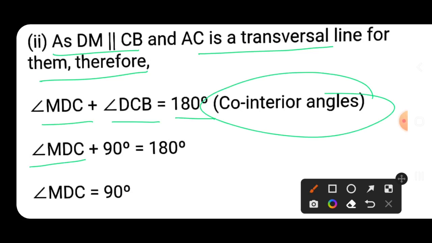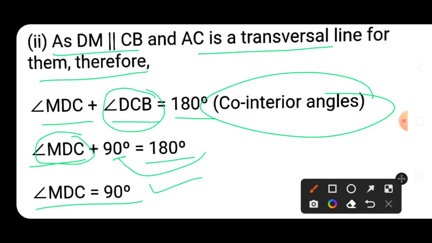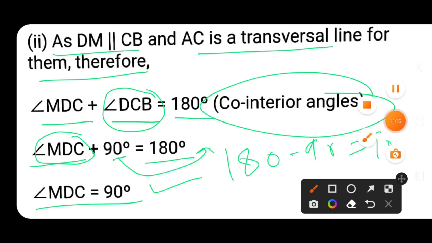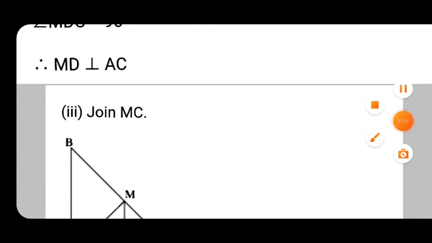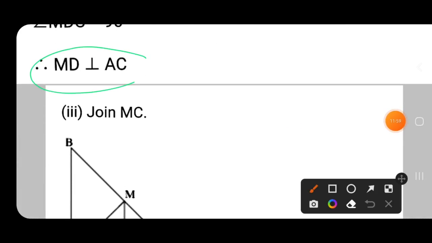So angle MDC plus 90, because angle DCB is 90 as given, equals 180. So angle MDC is equal to 180 minus 90, that means 90 degrees, right? So angle MDC is equal to 90 degrees. So you can say that MD is perpendicular to AC.